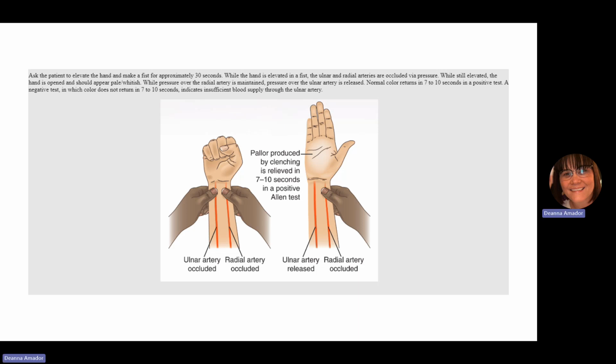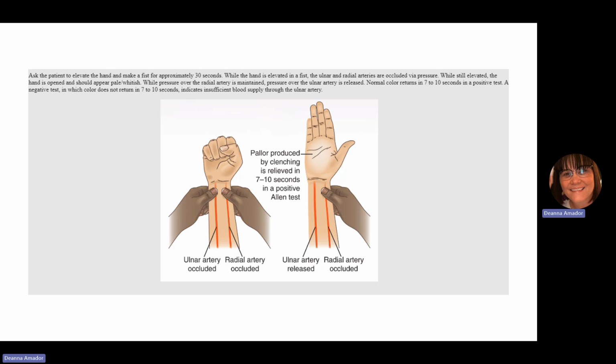Okay, this next slide here shows a test that's done prior to insertion of an arterial line. This is called an Allen's test. With this, whoever is inserting the arterial line, typically a respiratory therapist, asks the patient to elevate the hand and make a fist for 30 seconds.